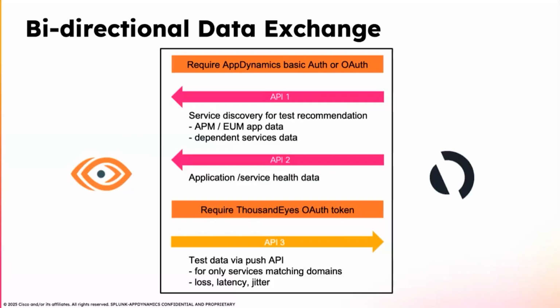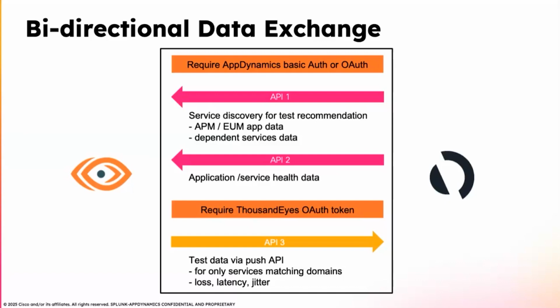So this is the first API call that happens, and AppDynamics will send all the application data like your AppDynamics application name, the services, and the domains of the pages being monitored by the EUM, end user monitoring.